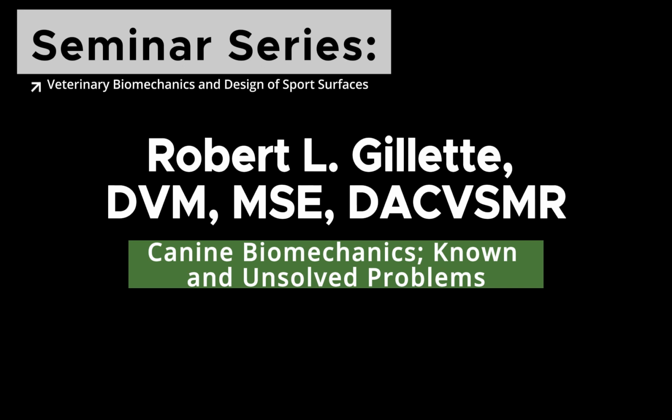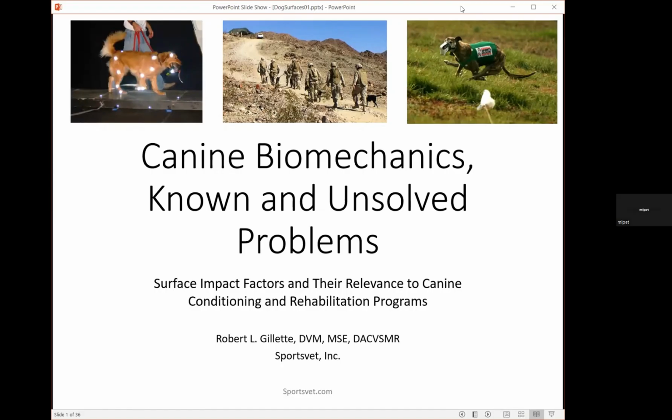When I first met him, he was at Auburn, and he was director of the veterinary sports medicine program. Since then, he's been in private practice and in several other positions. And he has the entire time maintained this consultancy, Sports Vet, where he worked with a number of different people with Canine Biomechanics.